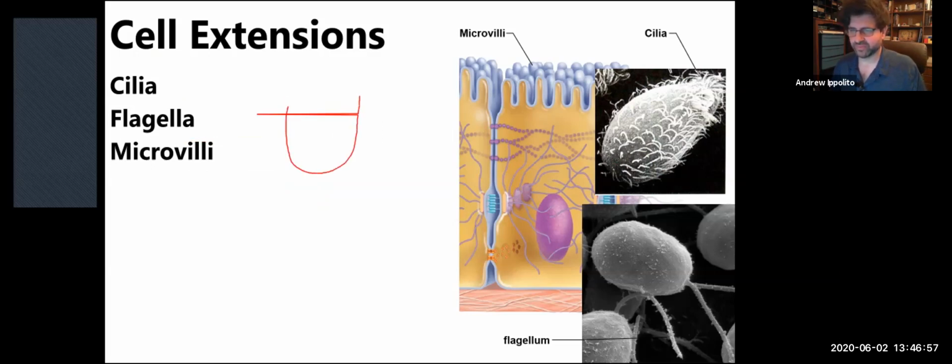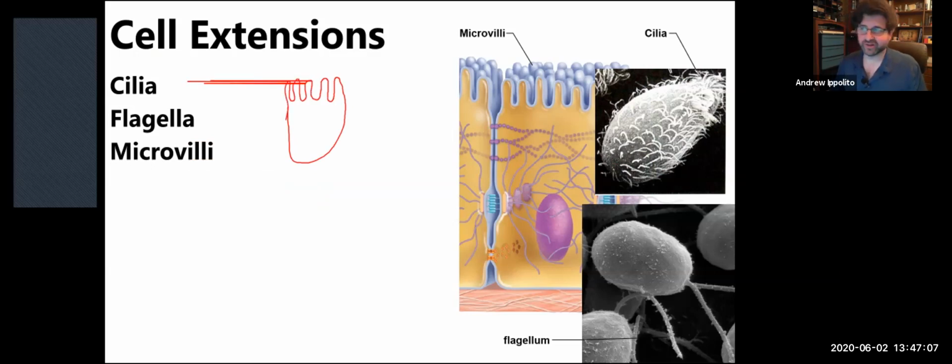There we go. I got a few in there. Those are microvilli. They are natural protrusions of the cytoskeleton that push outward like that.